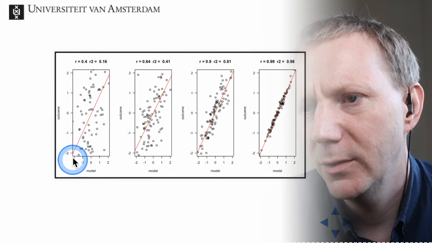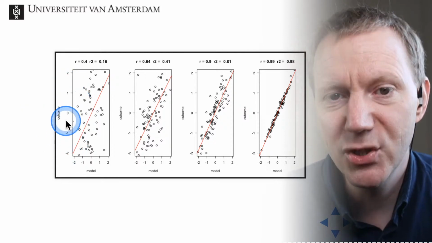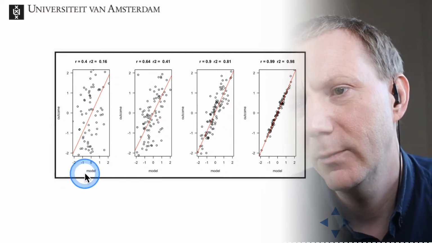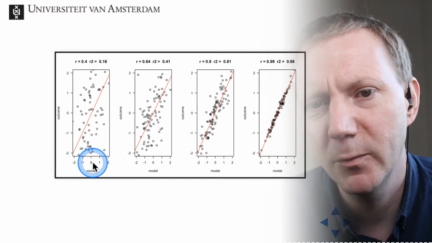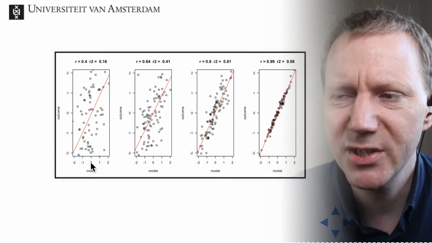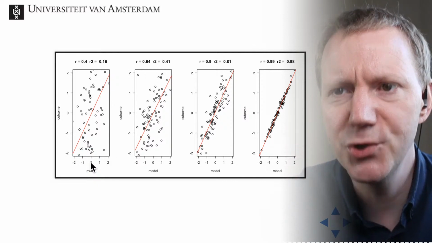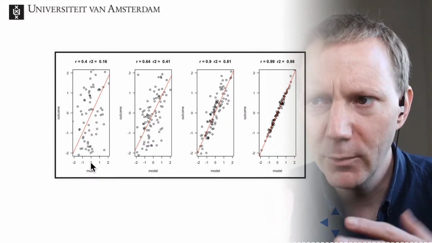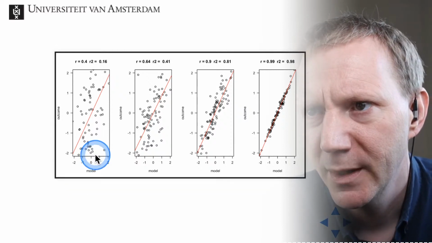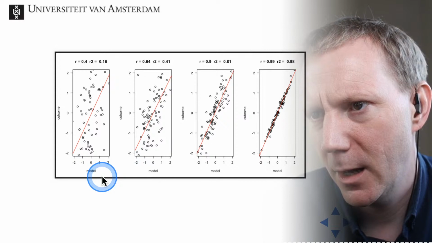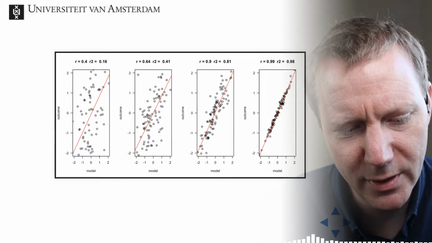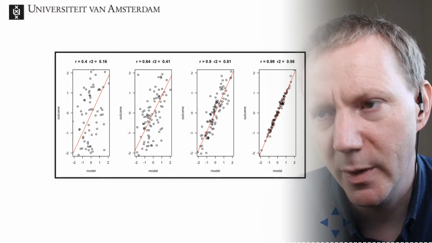What's on the y-axis are the actual scores that we have for the individuals, and on the x-axis is what we predict with our model. This is just an illustration to visualize the relation between those two, in terms of the amount of error that you can have in such models.